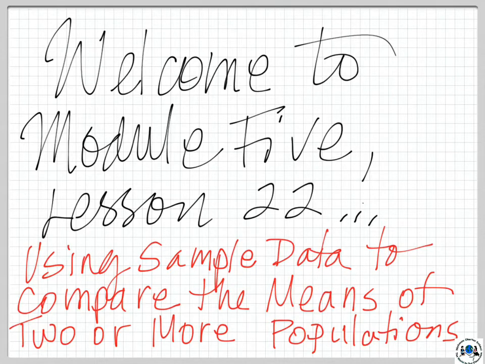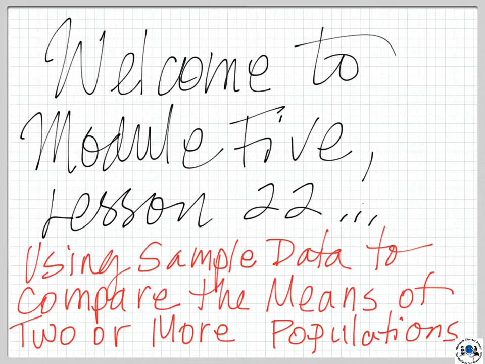It sets the groundwork for lesson 23, where you are going to be asked to informally decide if two population means differ from each other using data from a random sample taken from each population. So now you'll be looking at two different populations and seeing how closely they resemble each other.